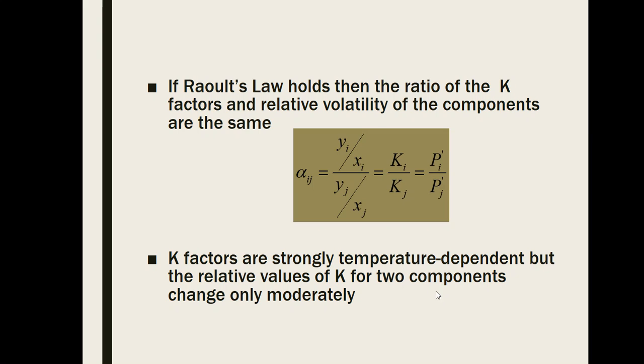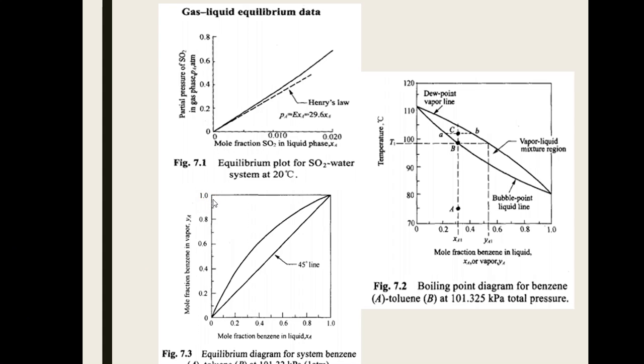But if again we only have two components in our system, then it's okay to assume that this K factor is independent of temperature. By the way, K factor and distribution coefficient will be dealt with again in the topic of liquid-liquid extraction.